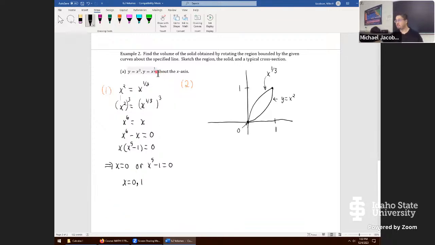Next thing they told us to do is rotate all this about the x-axis. So the rotation is going to look like this, just to indicate what we're about to do. And this is a moment to make a mention here.